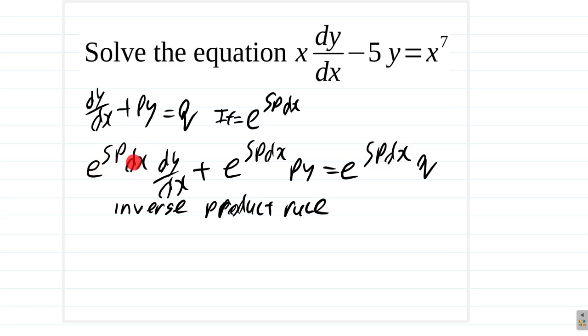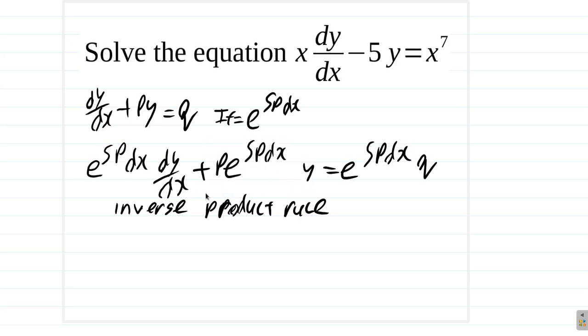Having looked at what product you would have differentiated to get this, you hold e to the integral of p dx and differentiate y with respect to x to get dy by dx plus, and you hold y and differentiate e to the integral of p dx to get p e to the integral of p dx.